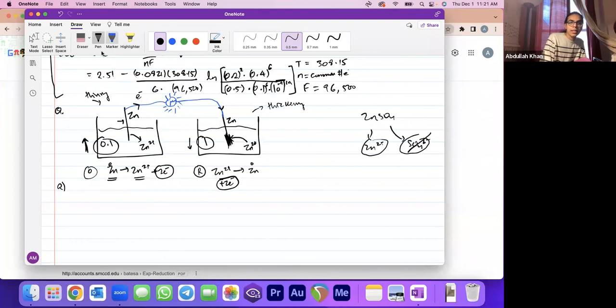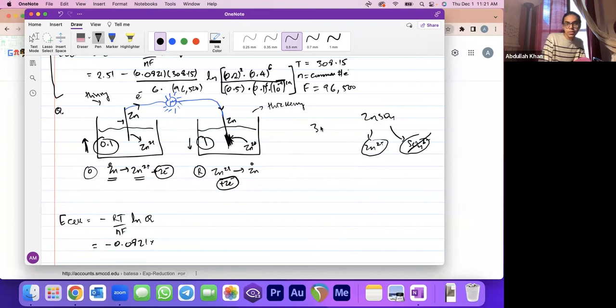Okay, and lastly, let's calculate the E cell using the Nernst equation. The E cell is going to be minus RT over NF, ln of Q. Once again, negative 0.0821.